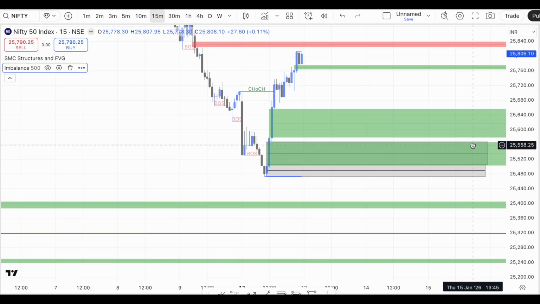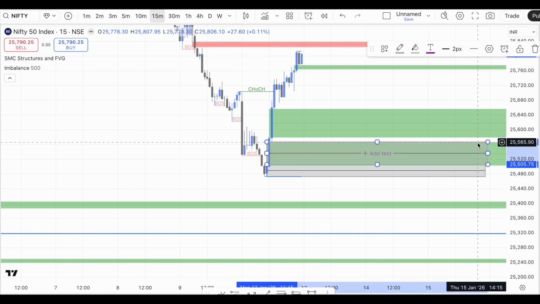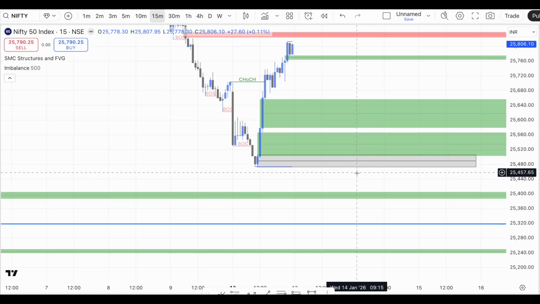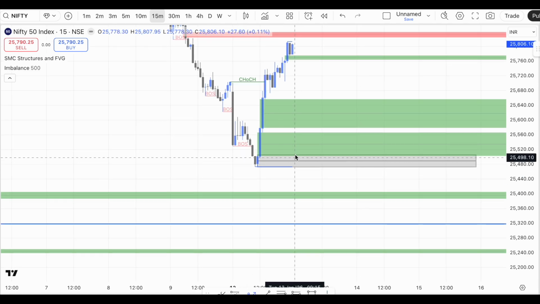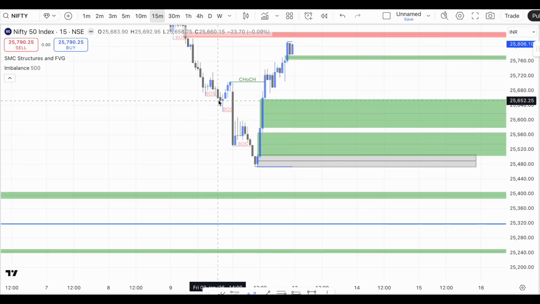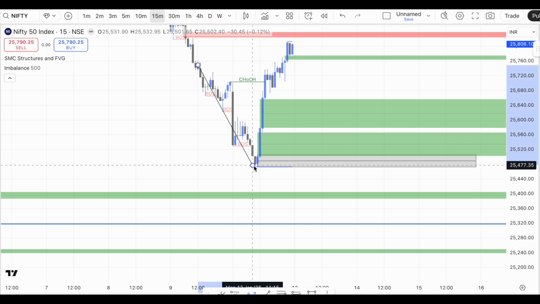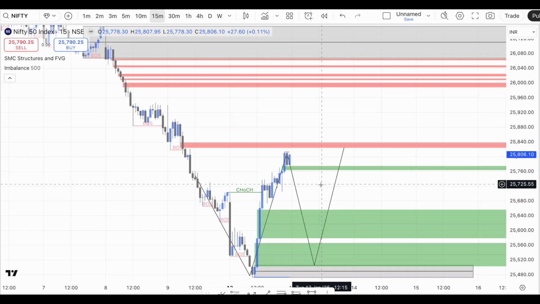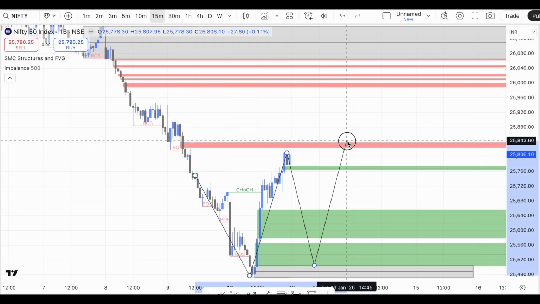Tomorrow, the best case scenario would be if the market opens gap down somewhere around the 24,500 range, then we can do a continuation trade, meaning the market has come down and has given a change of character in the 15 minute time frame. So if the market comes and taps into our demand, we can see new higher highs in this particular price action. So where can we extend the target? We can extend all the way till today's closing itself.